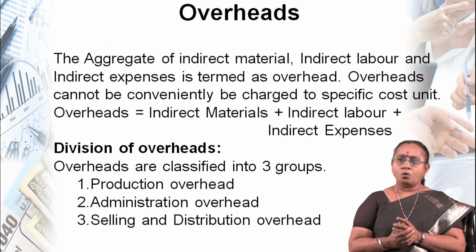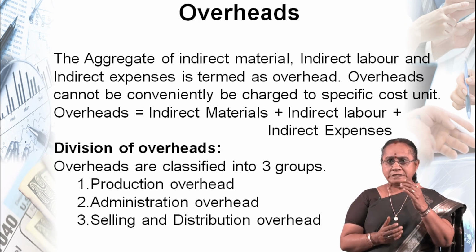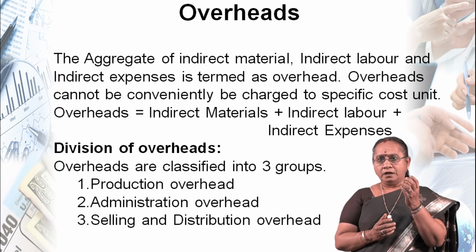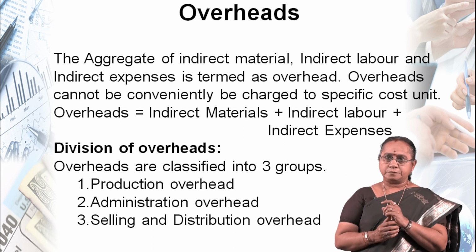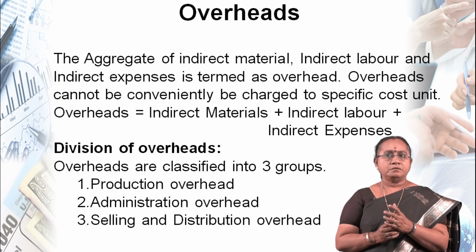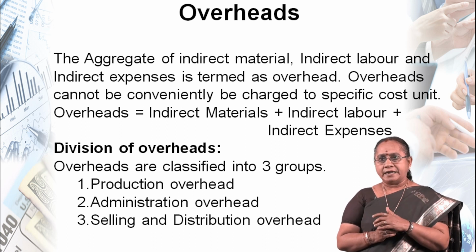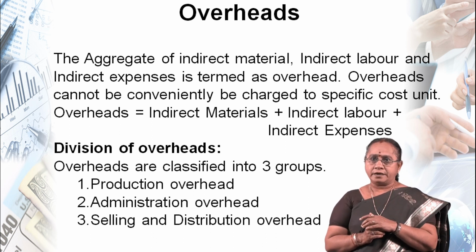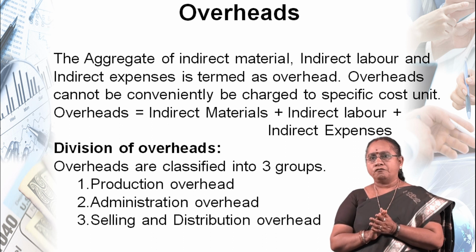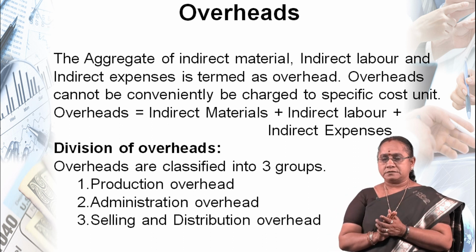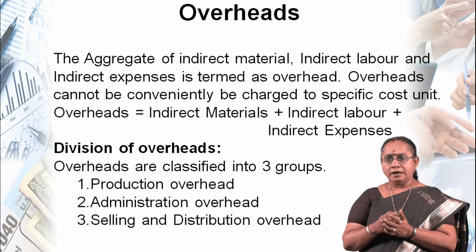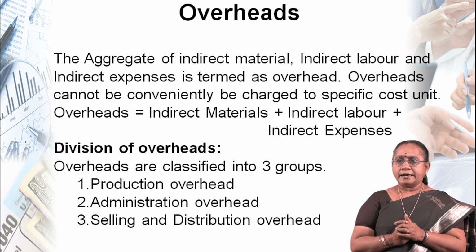Next, about the overheads. The first three elements, material, labor and other expenses, are the major elements of cost. Apart from that, overhead is an aggregate total of all indirect expenses, namely indirect material, indirect labor and indirect expenses.